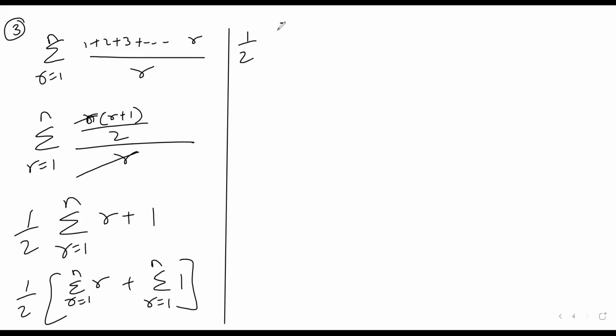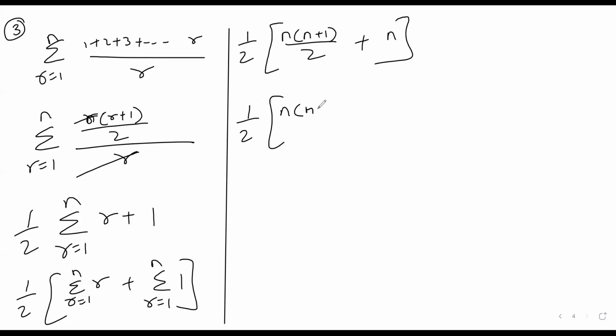This is 1 by 2. Summation r runs from 1 to n. This is sum of first n natural number. This is n plus 1 by 2 plus n. This will become 1 by 2 n plus 1 plus 2n upon 2.